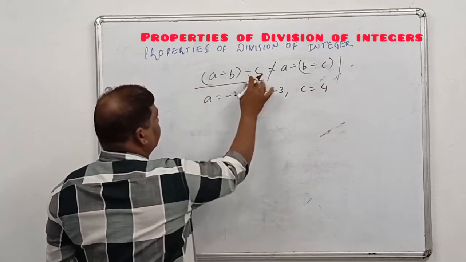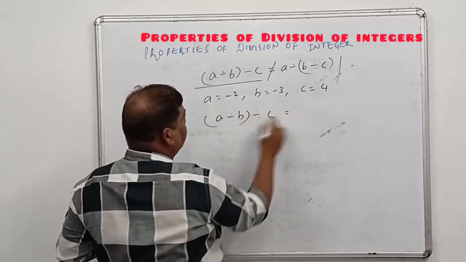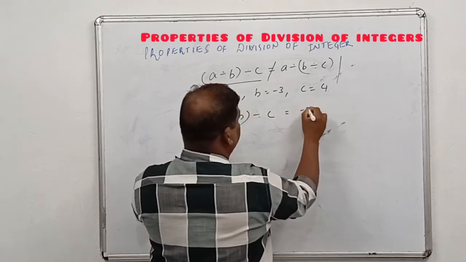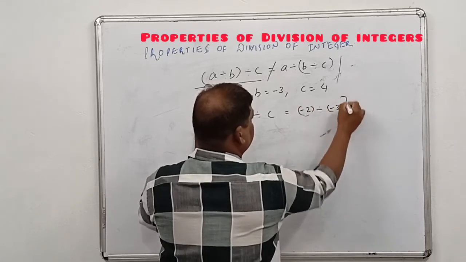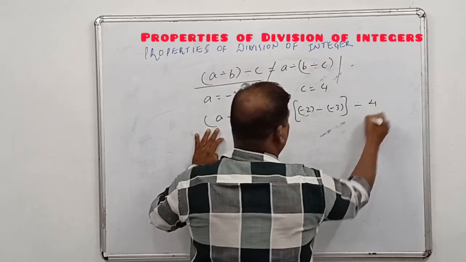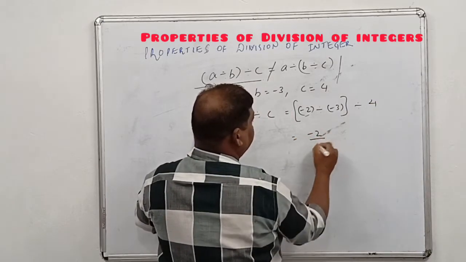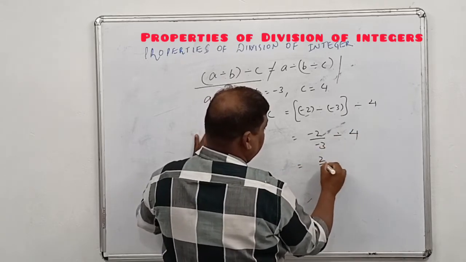Now we will take (a upon b) upon c. The result will be a, that is -2 upon -3, upon c, that is 4. Here -2 by -3 is 2 by 3.